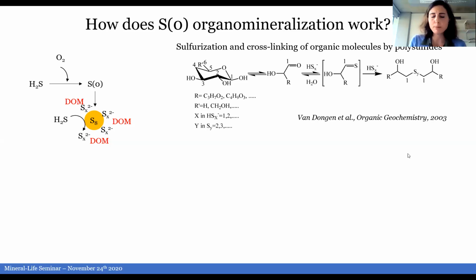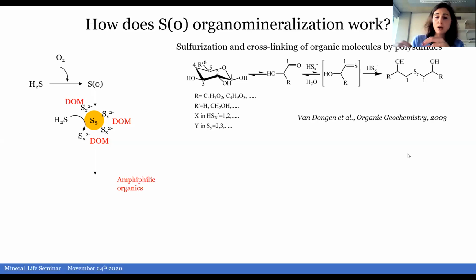So you start with a simple short organic molecule. You add polysulfide, you end up with macromolecular organic matter that is much more complex. What we think is that along the way, amphiphilic molecules are formed during this process. For example, an amphiphilic molecule could be something that looks like a fatty acid.